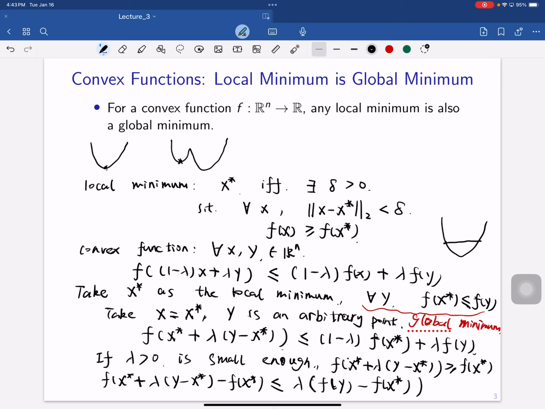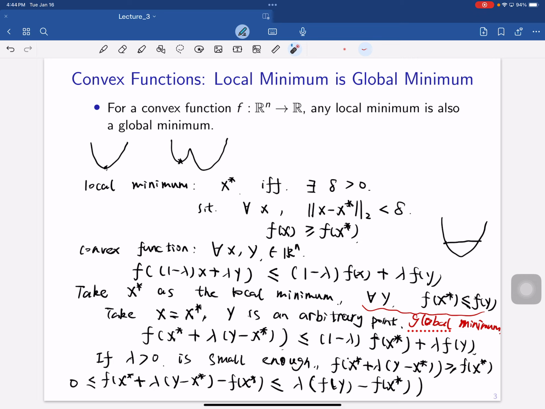Okay, and then since we have this term here, we know that this is greater than or equal to 0, right? Because x star is a local minimum, we already showed that this guy is greater than or equal to f of x star. And in other words, this term is greater than or equal to 0.